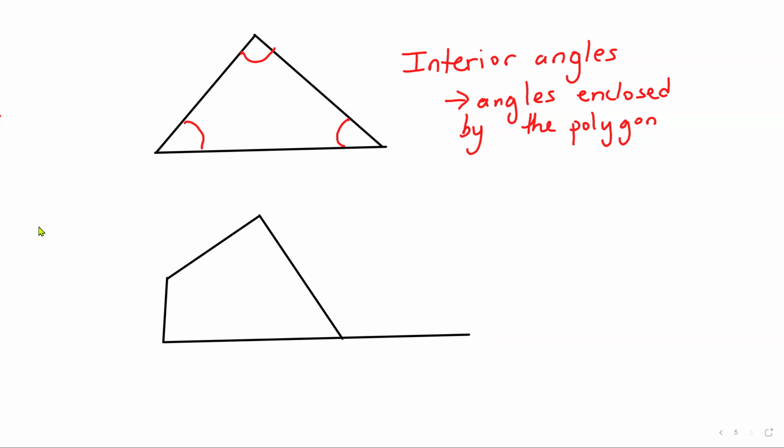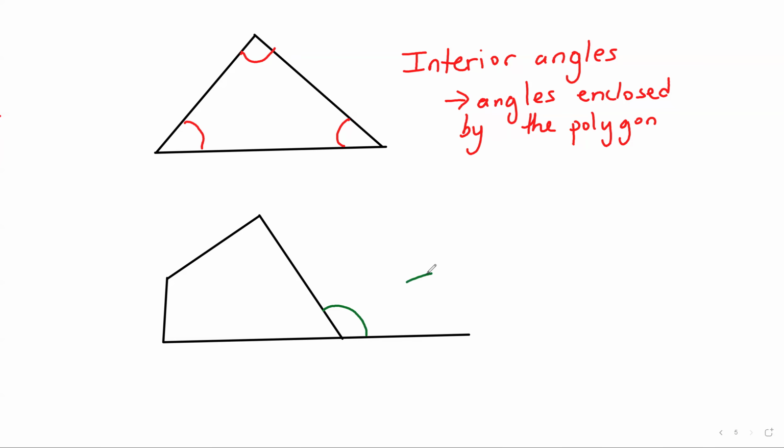But the exterior angle on this quadrilateral is going to be the angle formed when you extend one of the sides. So this angle here, right? This is an exterior angle. So it is formed when you extend one side of the polygon.